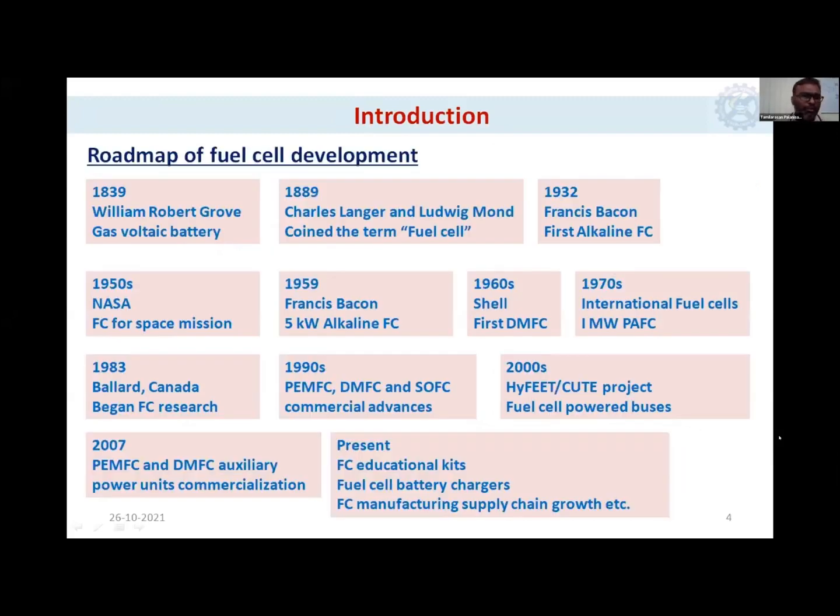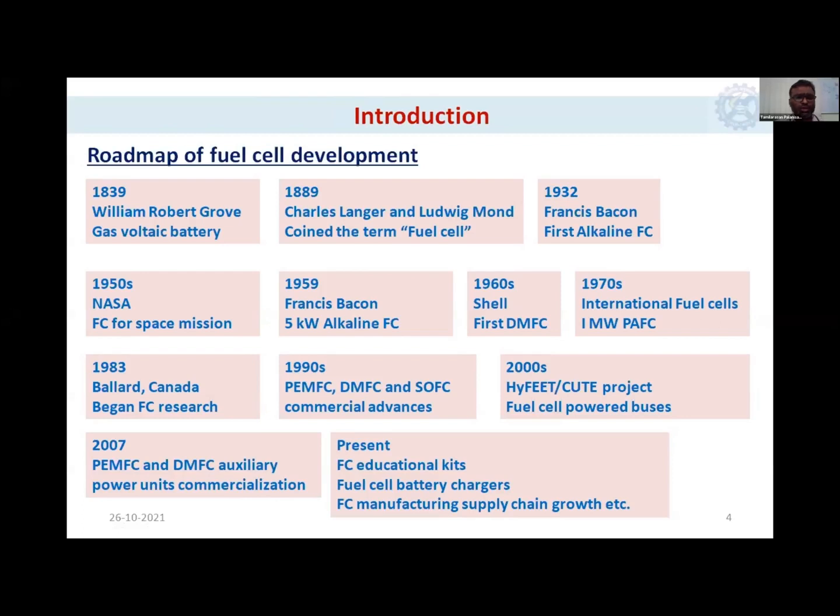And here is the roadmap of fuel cell development, starting from 1839 to the present. You can see different stages of development. In 1839, Professor Grove proposed the gas voltaic battery, but it was not called a fuel cell at that time. After 50 years, Professors Ludwig Mond and Langer coined the term fuel cell.